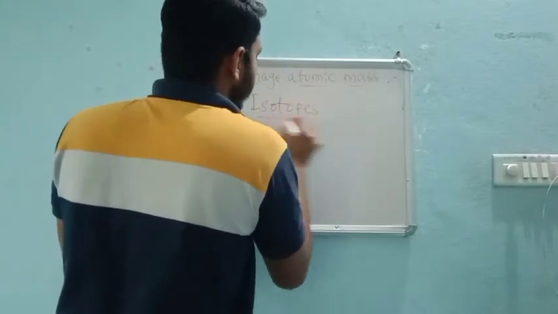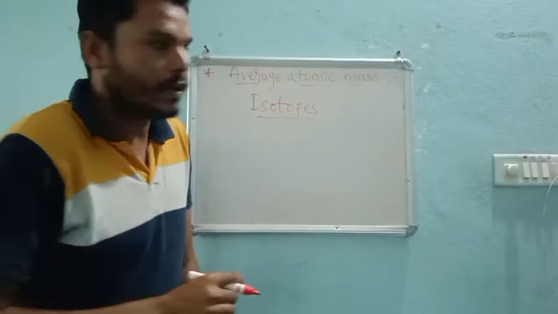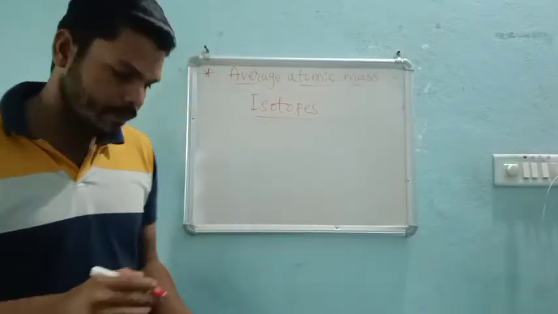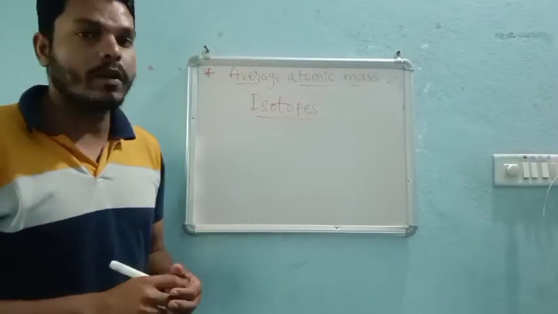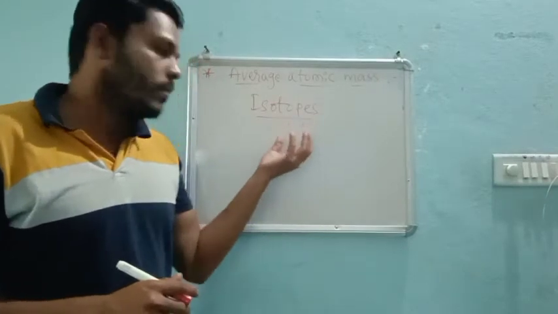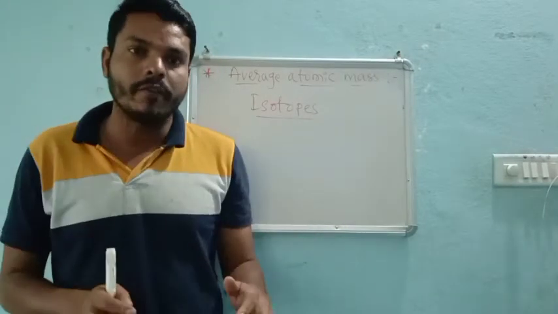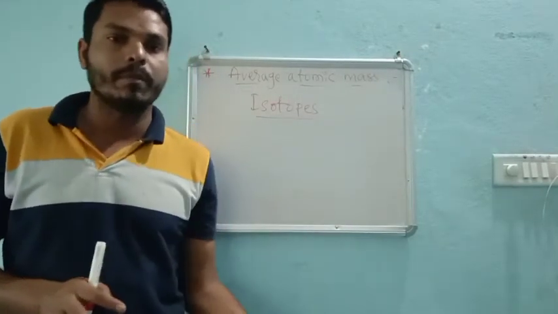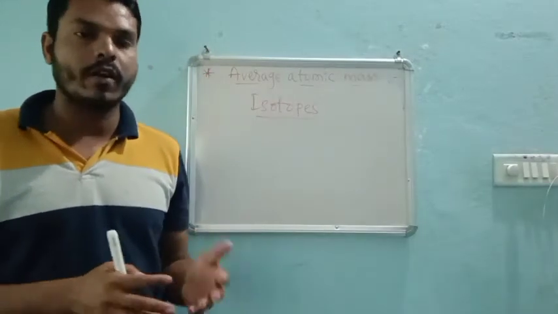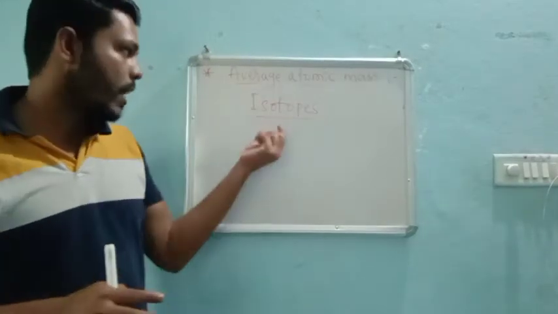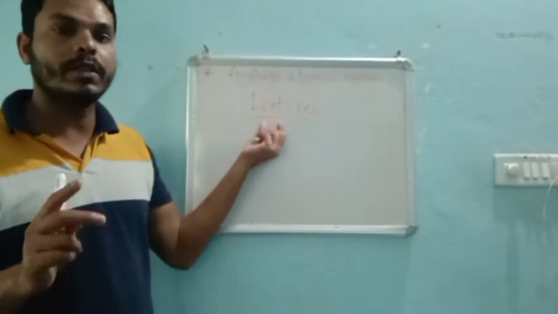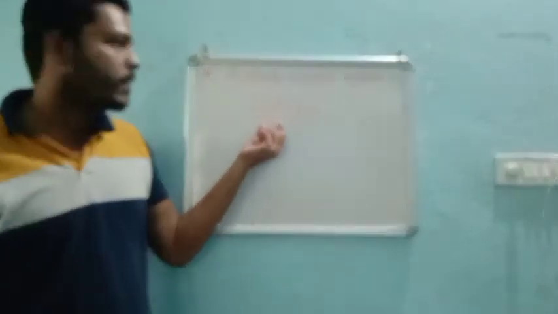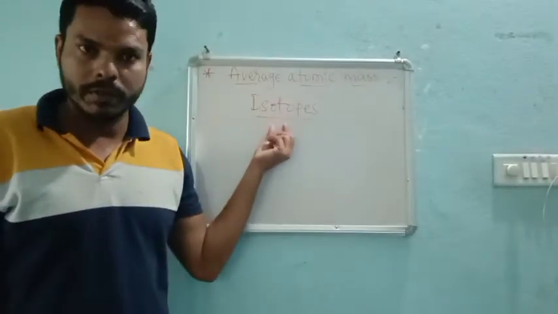Isotopes, you have already studied in your lower classes. Iso means same. So if the same species exists in different physical states, or having the same species with different mass numbers, then those are called isotopes.